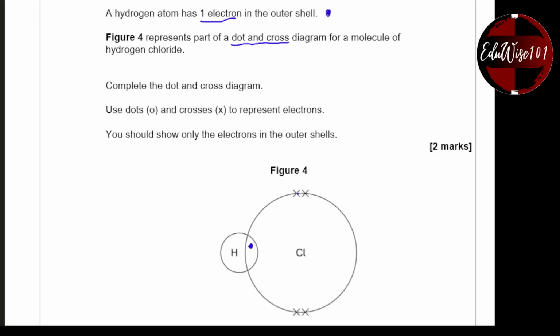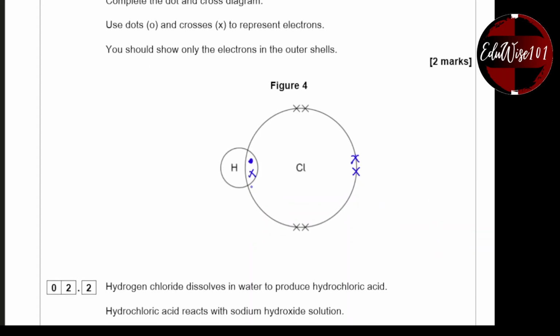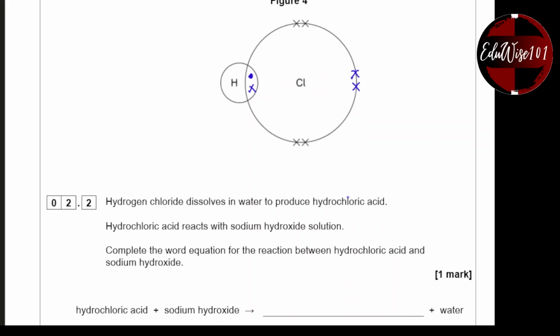So you've got 1, 2, 3, 4, 5, and 6. The 7th is actually shared. Now, if they're sharing, each of them needs to contribute an equal number of electrons. So you get 1 mark for drawing this part correctly, and the 2 electrons in chlorine, which is not shared.